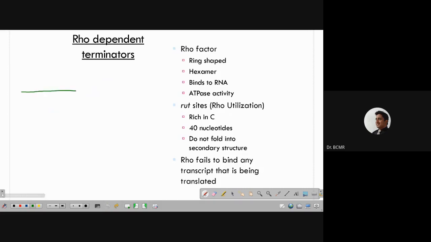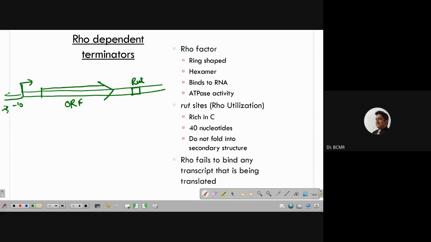So assume that this is the DNA template, and here is the transcription start site, and -10, -35 would be somewhere around here. And you have the start codon, or this is the open reading frame. Right? Downstream of the stop codon, you may have certain regions called RUT sites.